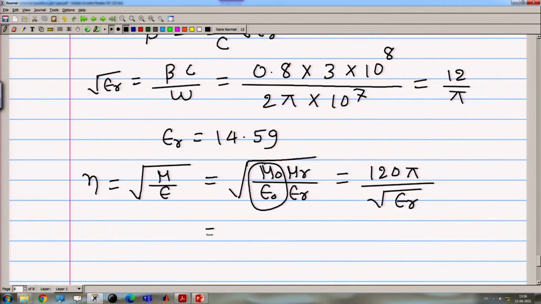So, this will be 120 pi divided with 12 upon pi, so this will be 10 pi square. So, this is the eta and this is in ohm.